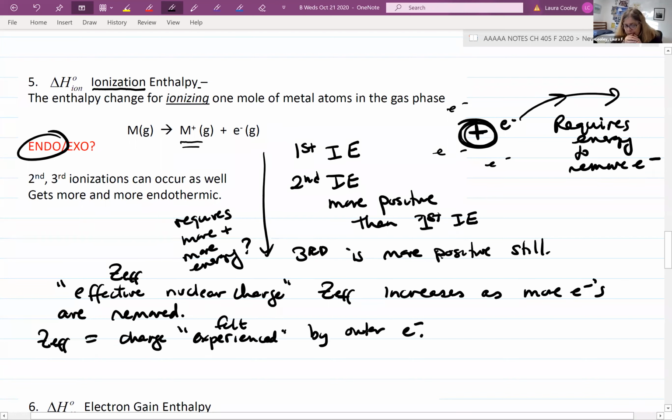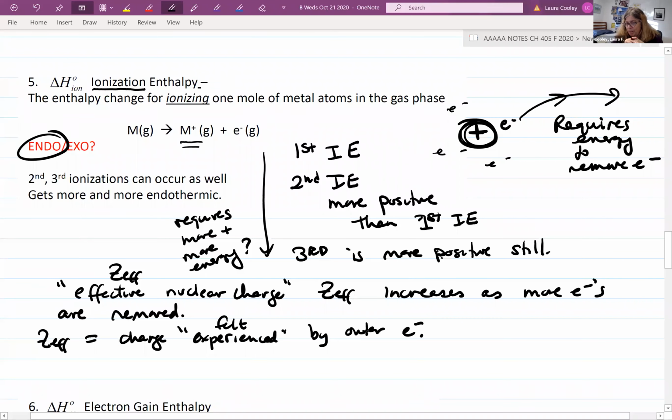So if you start out, say, with magnesium, you pull off an electron, it takes a whole bunch of energy. It takes a lot more energy to pull off two. And that's because, like I said, you're pulling it away from a positive charge.